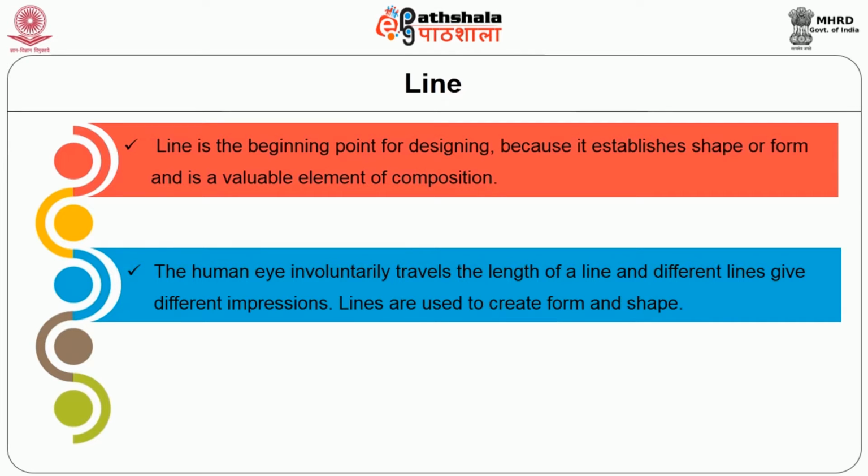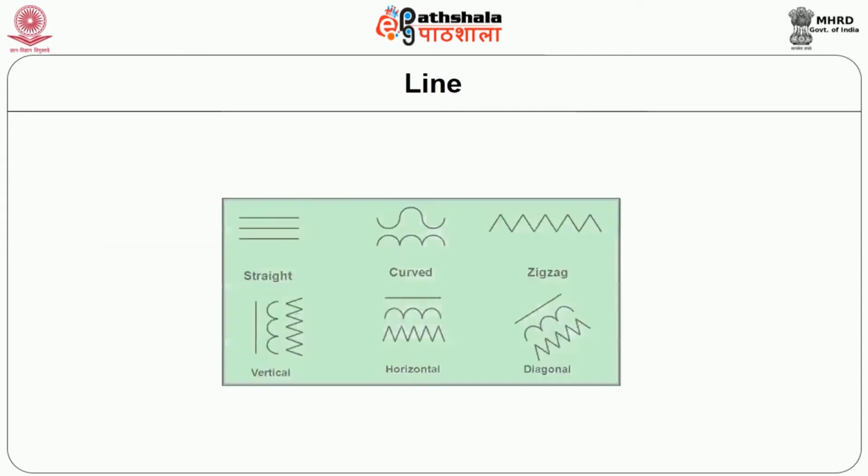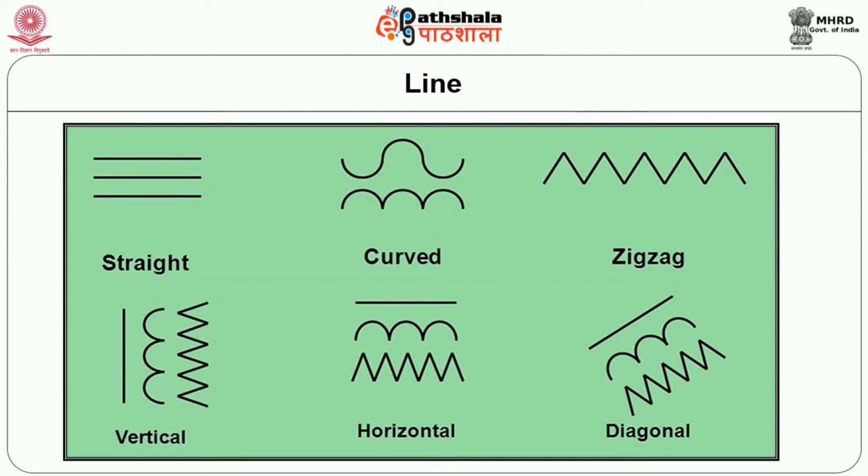Lines are used to create form and shape. They divide a space within a room and lead in a definite direction. They create visual impressions. All lines fall into the category of straight or curved or a combination of these two. Straight lines can take three directions: vertical, horizontal or diagonal.